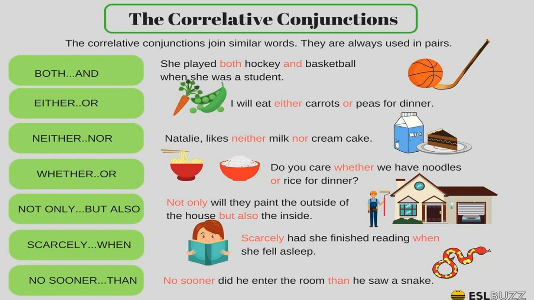So, in this presentation, we have seen what conjunctions are, what the uses of conjunctions are, why they are used, and the different types of conjunctions, which are coordinating conjunctions and their use, subordinating conjunctions and their use, and correlative conjunctions and their use.